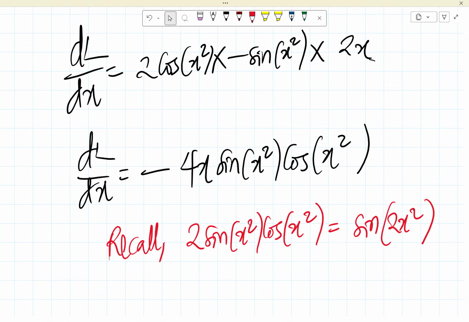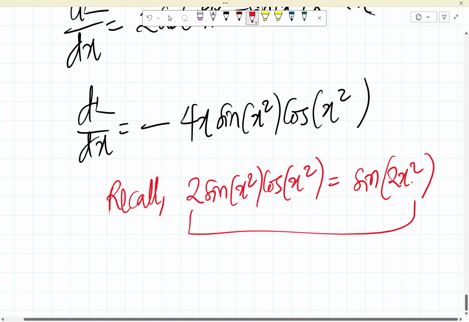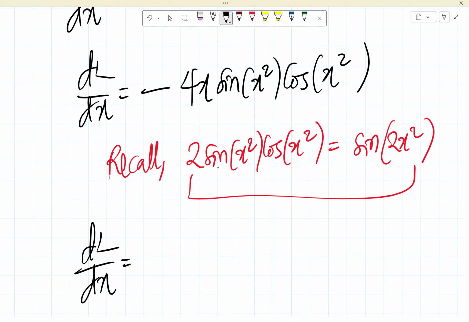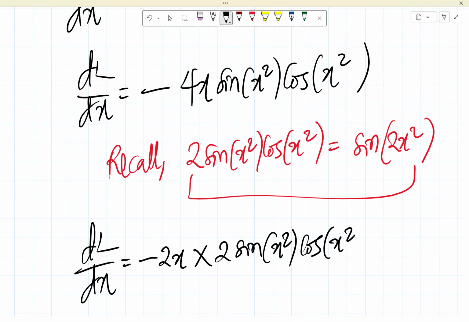So if you bring 2 sine x squared cos x squared out, you have minus 2x multiplied by 2 sine x squared cos x squared.